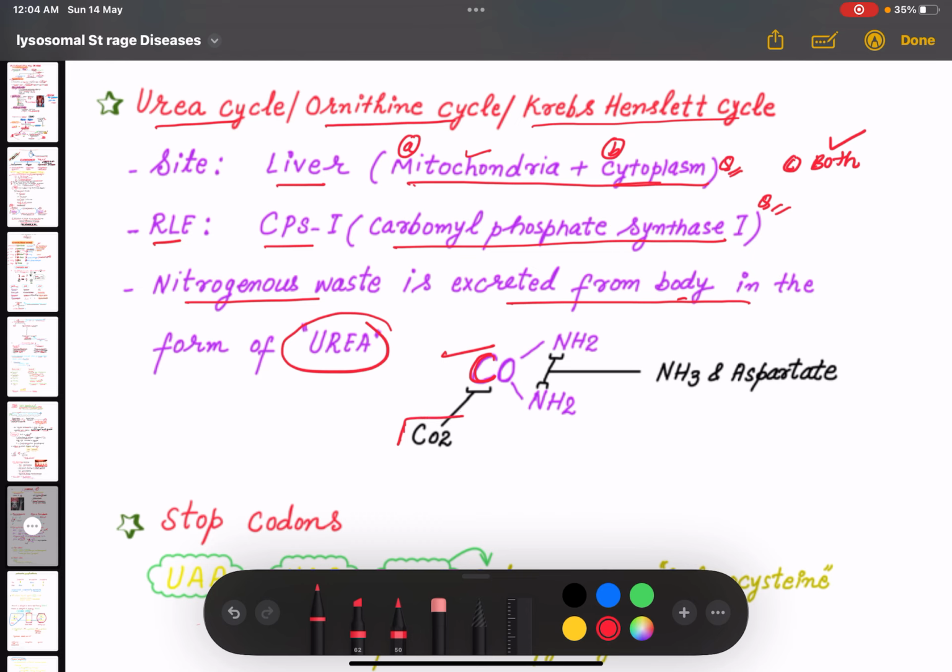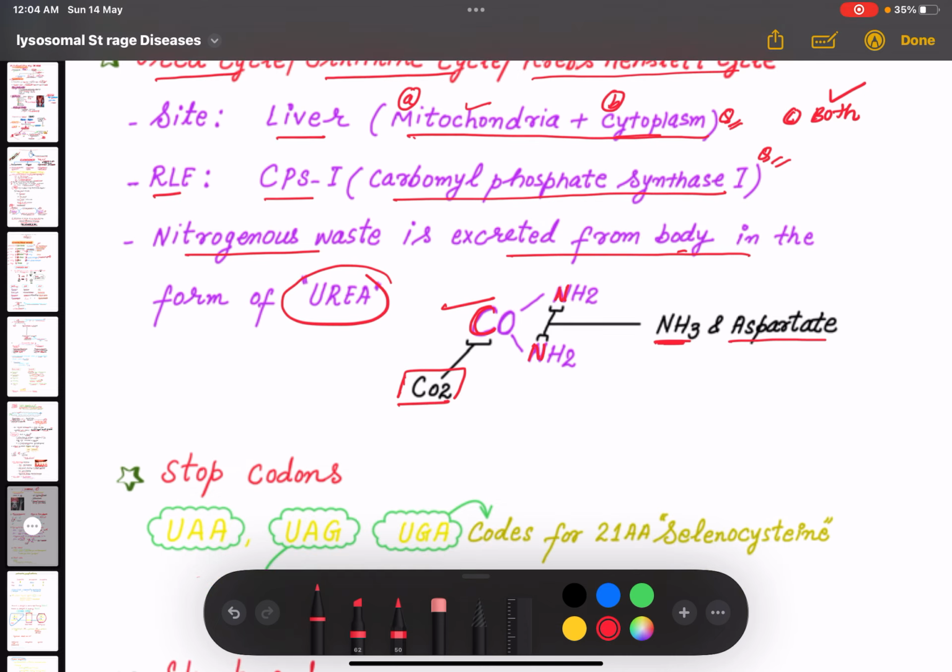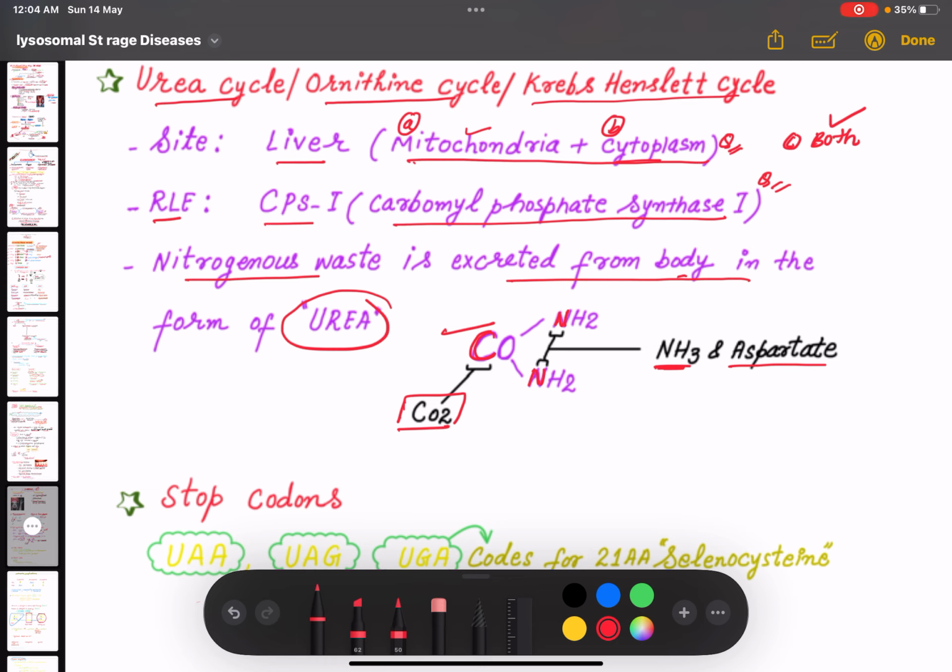It comes from carbon dioxide, and the nitrogens come from NH3 and aspartate. It means one nitrogen is given by aspartate and another nitrogen is given by ammonia.